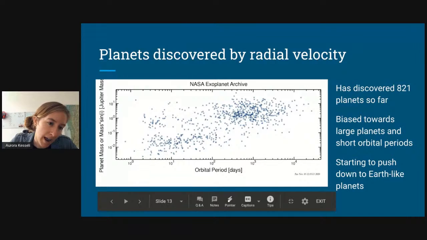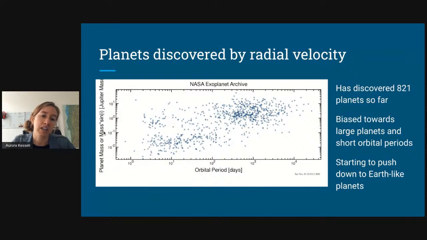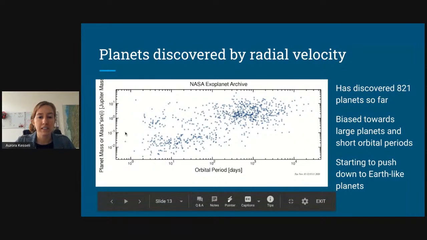On the y-axis is the planet mass, if it's available, or the planet mass times the sine of the inclination. If these planets are not transiting, we only have the mass times the sine of the inclination, in Jupiter masses. And you can see that we have a huge bias toward detecting planets with larger masses, and that's why we have so many more points up here.